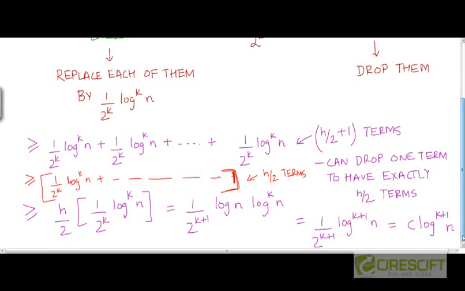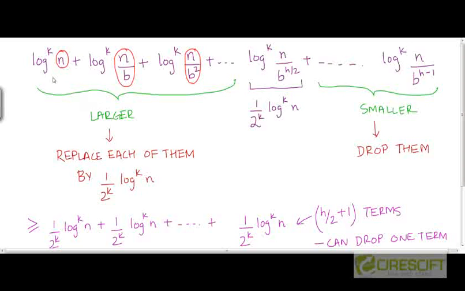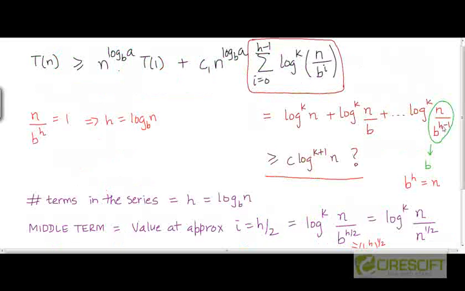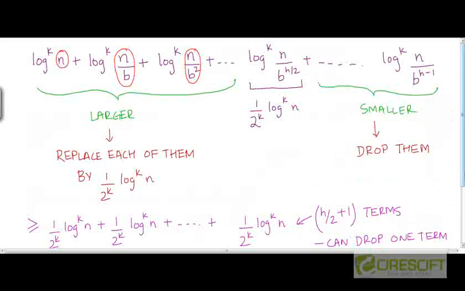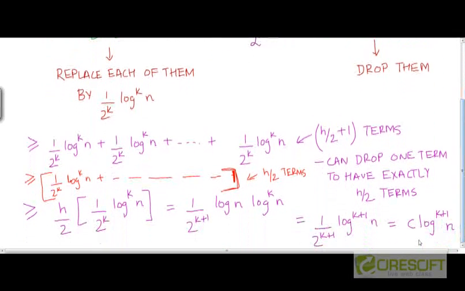So effectively we've proven that this series, or this summation, is greater than or equal to some constant multiple of log to the power k plus 1 of n. Right?